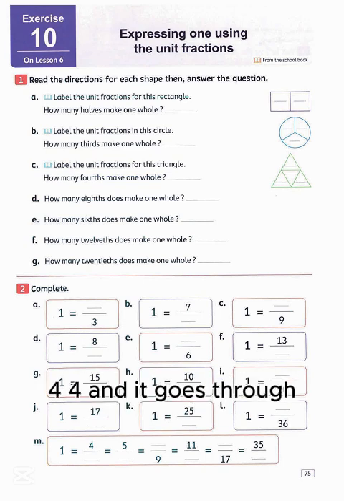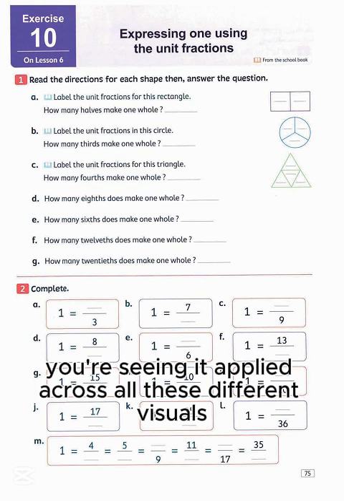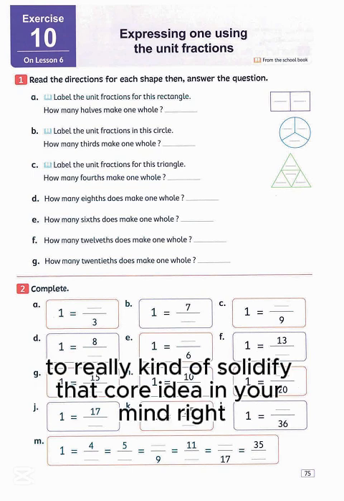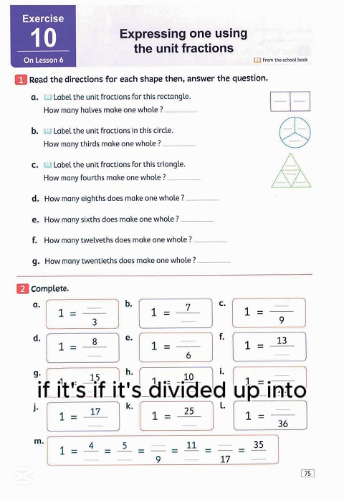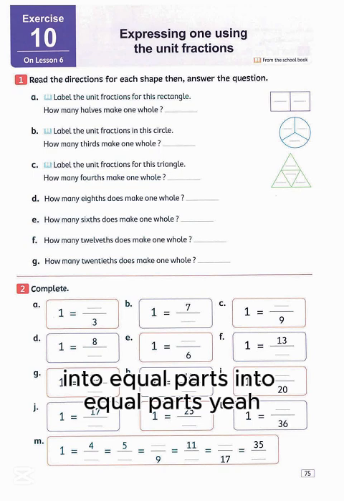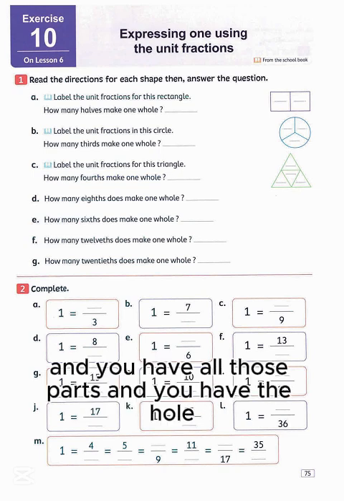And it goes through 8, 6, 12, even 20ths, using all these different shapes, pentagons, octagons. The idea is that you're seeing it applied across all these different visuals to solidify that core idea in your mind. No matter what the shape is, if it's divided up into equal parts and you have all those parts, then you have one whole.